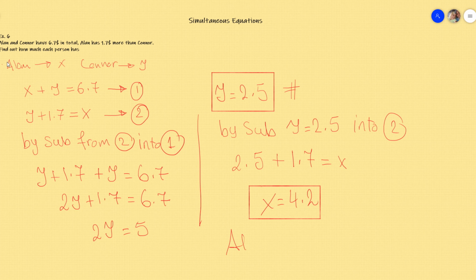So we could say that Alan has $4.2 and Connor has 2.5 US dollars.